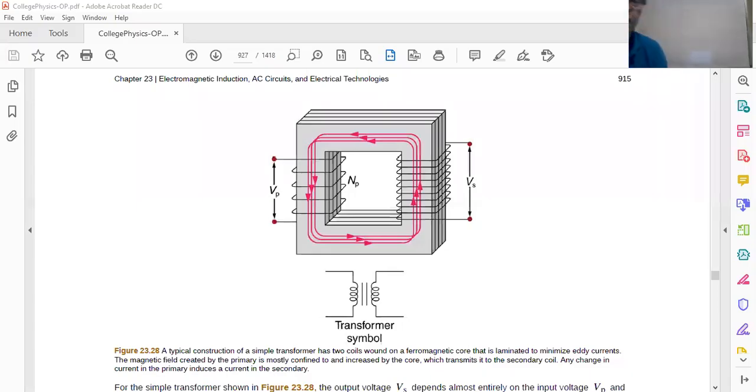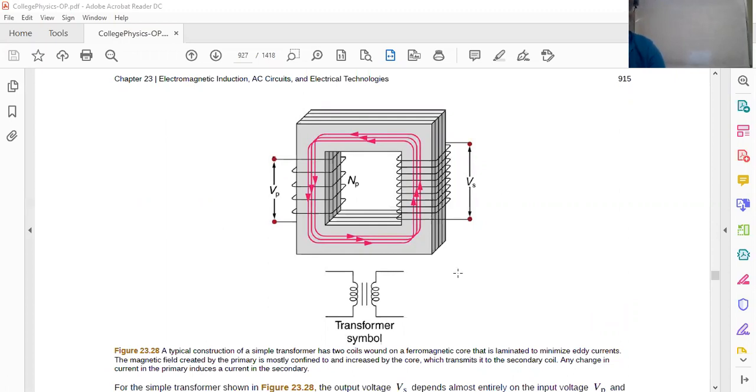Okay, you should see a picture of our basic transformer. Now, what this transformer is, this is really a magnetic core. Okay, and so you see on the left-hand side P for primary, and on the right-hand side S for secondary.